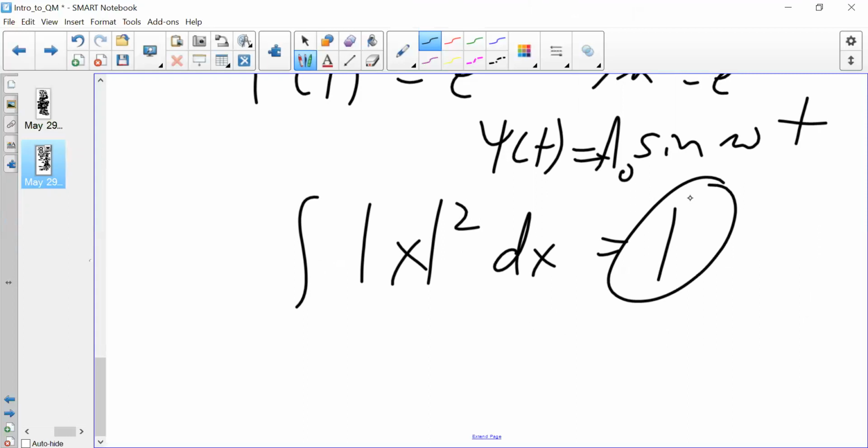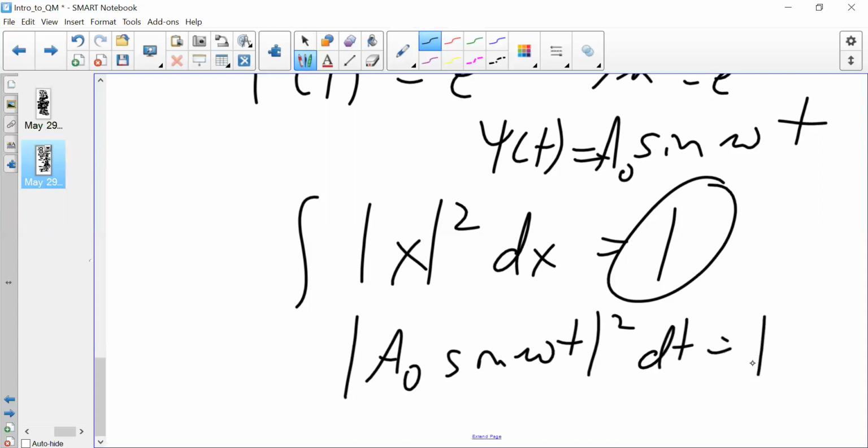And so once we do this derivation, in this case, we have a naught, sine omega t squared dt, that equals 1.